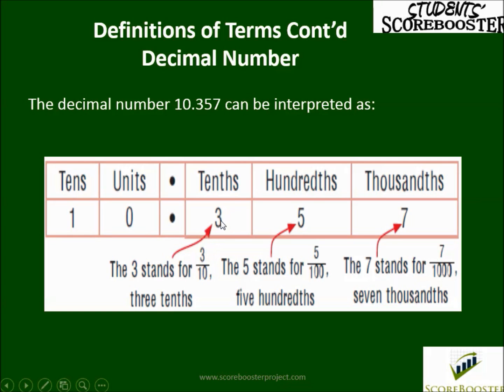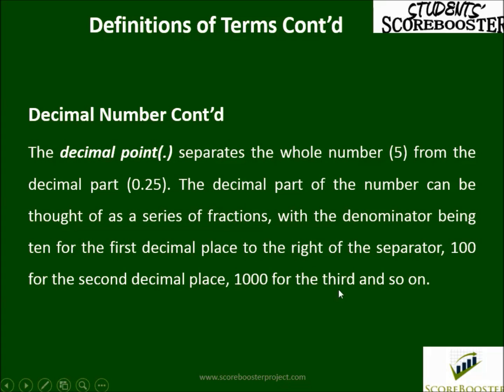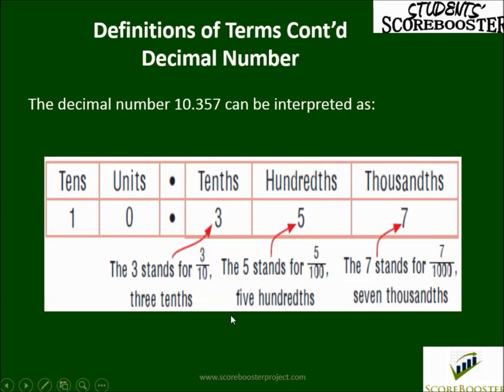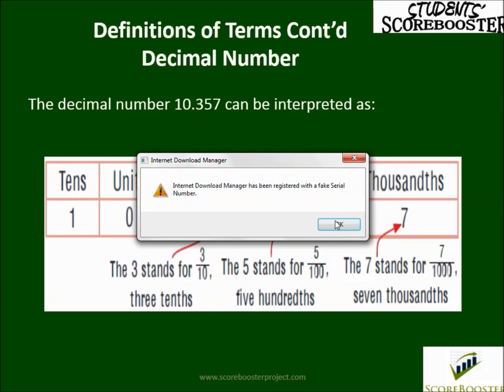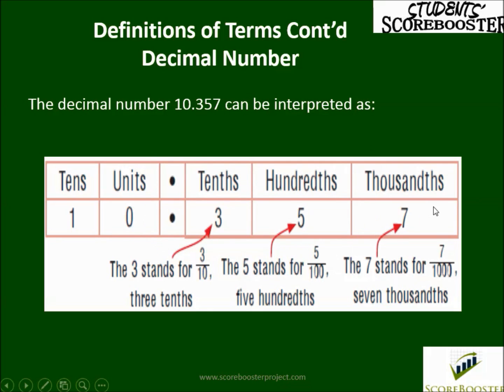The second digit has a denominator of 100, so you have 5 over 100, and the third has a denominator of 1000, so you have 7 over 1000.